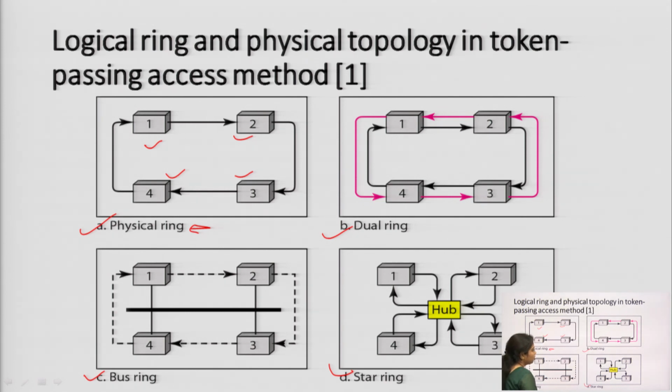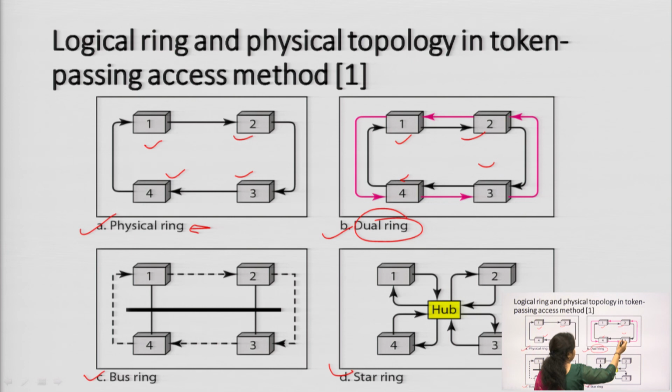Secondly, in the dual ring, a dual path is connected between the first, second, third and fourth stations, shown by this black wire and this pink wire. It will transmit and receive the data in one direction, and in the reverse direction it will also receive the data.